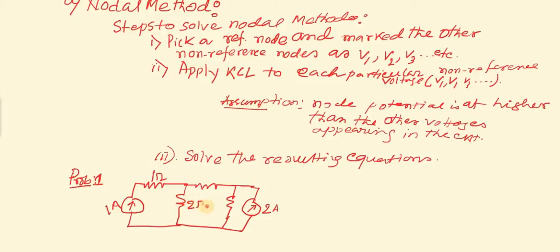This is 2. What has to be found? Find the node voltages. This is node N1. This is another node, N2.